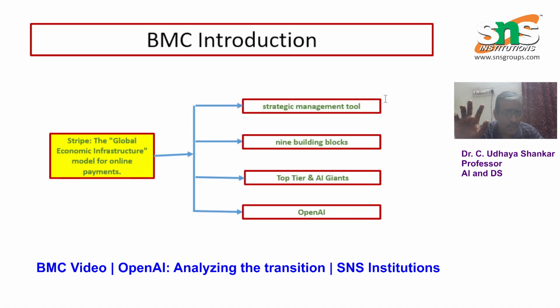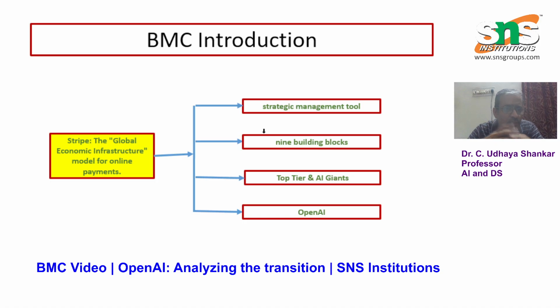As a series, we are discussing the top tier and AI giants which have implemented this BMC. So today we are going to discuss Stripe, which is also an AI giant. So let us go into the session today.